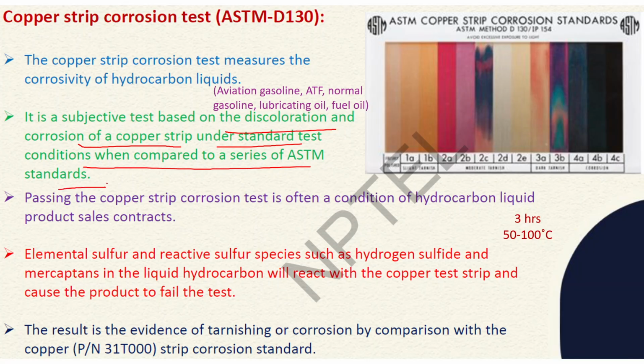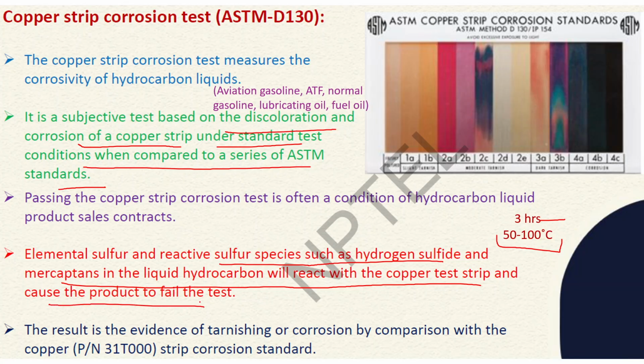A copper strip is taken and immersed into the crude oil, where, due to the presence of sulfur content, corrosion takes place. It is immersed for 3 hours at a temperature of 50 to 100 degrees C. Elemental sulfur and reactive sulfur species such as hydrogen sulfide and mercaptans in the liquid hydrocarbon will react with the copper strip and cause the product to fail the test.